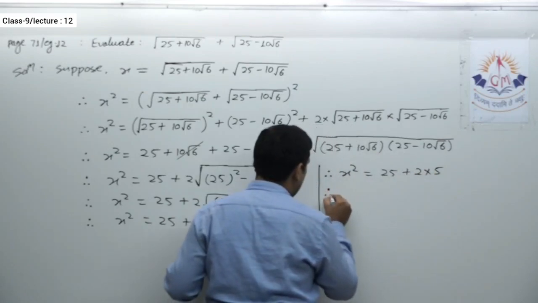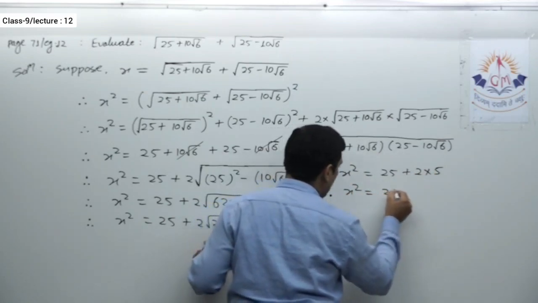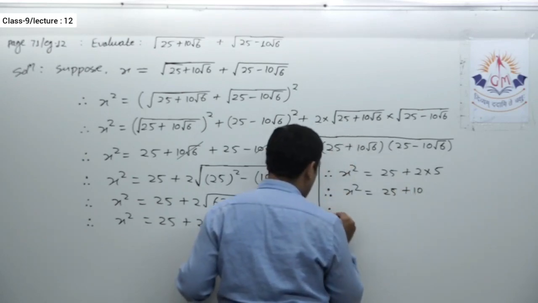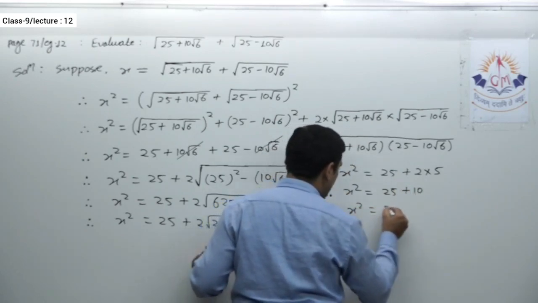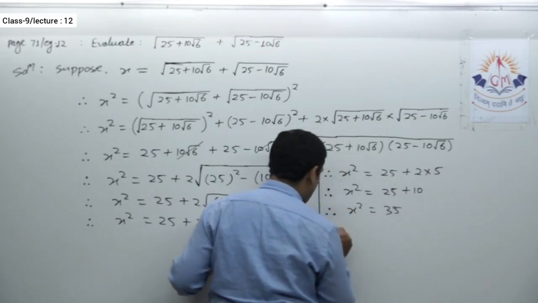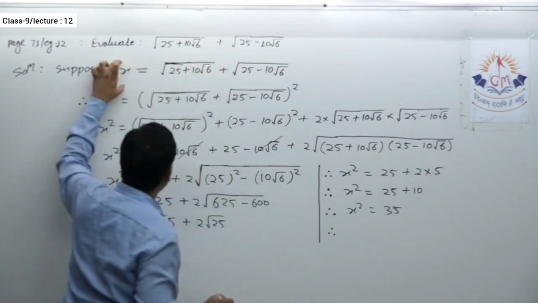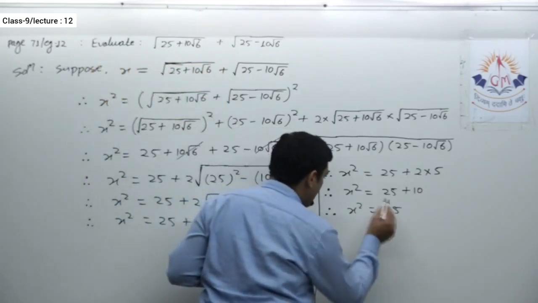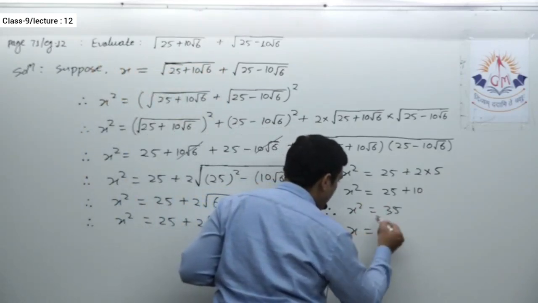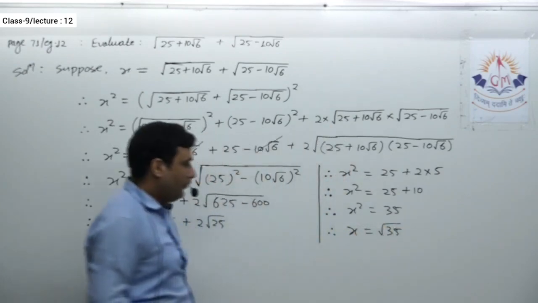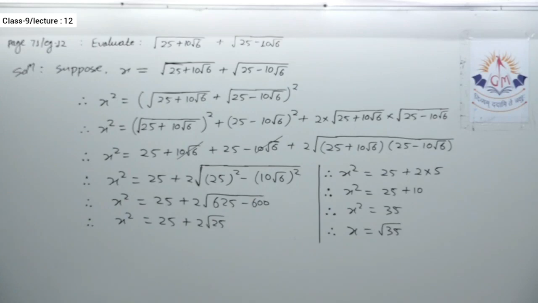Therefore x square is equal to 25 plus 2 into 5, that is 25 plus 10, that is 35. So x square is equal to 35, and what we need to find is the value of this expression, which I assumed as x. So again I take the square root, reversing the direction, and I get root 35. So this will be my final answer.